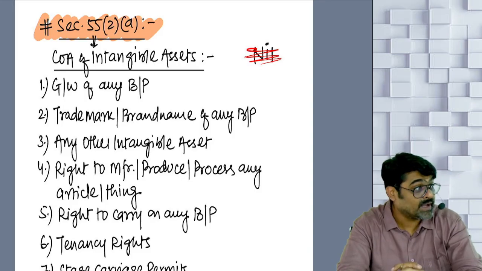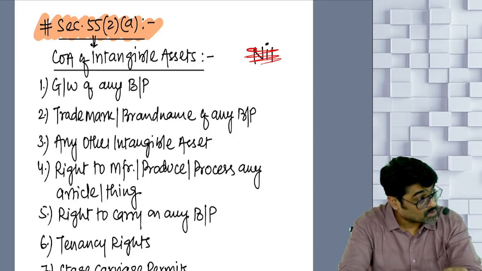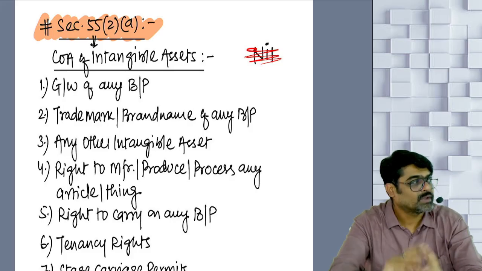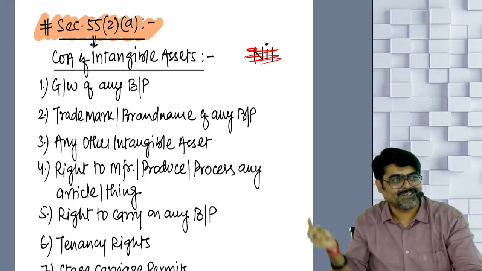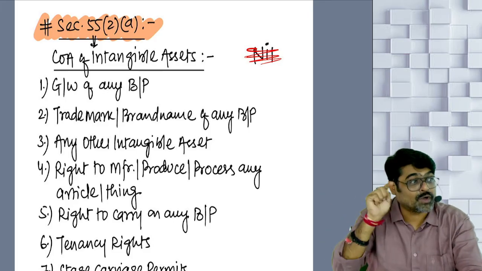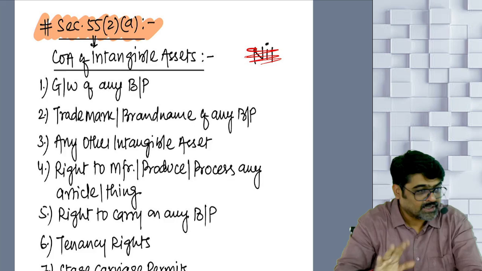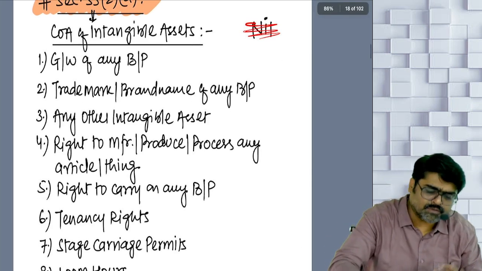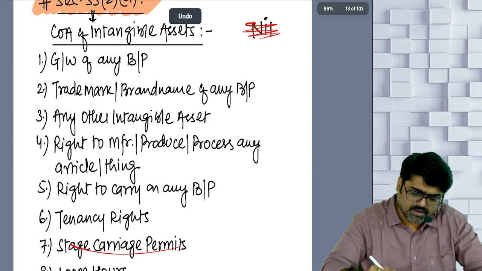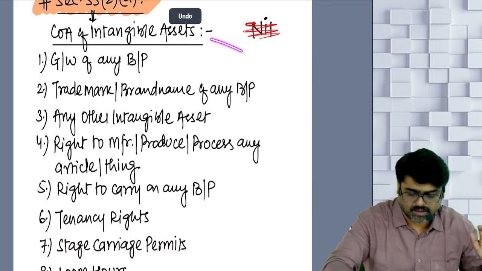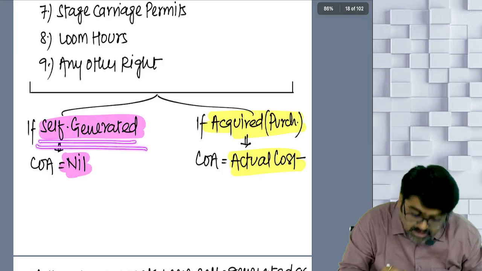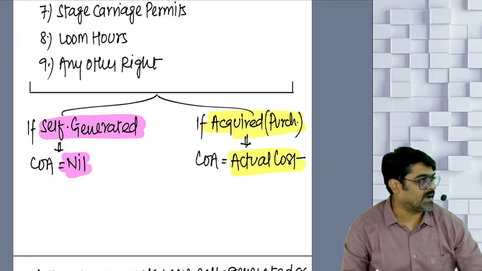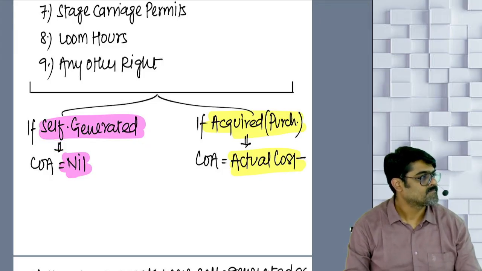So it became very important for them to define the cost of these assets. So they came up with section 55, subsection 2, inserted clause A. Now in clause A, they are saying that if any of these assets are transferred by you, but it was self-generated by you, we know that cost is involved.